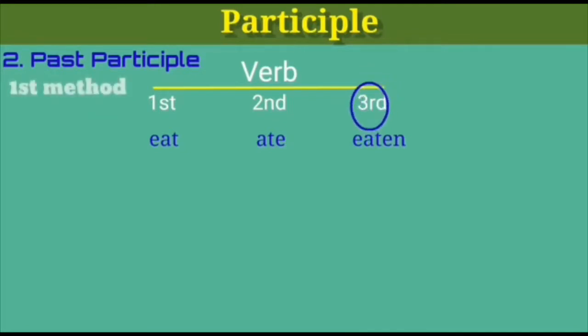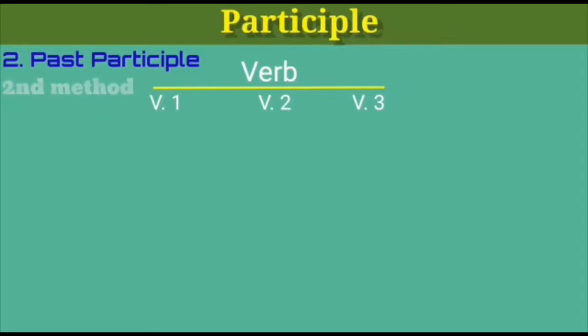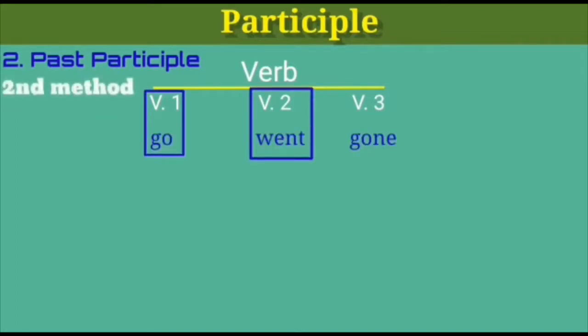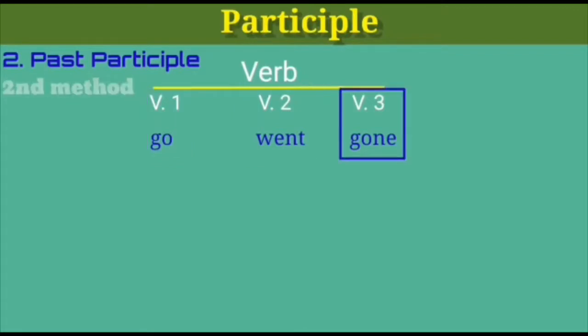Or verb 3 is also known as past participle. For example, go, this is verb 1. Went, this is verb 2. Gone, this is verb 3.